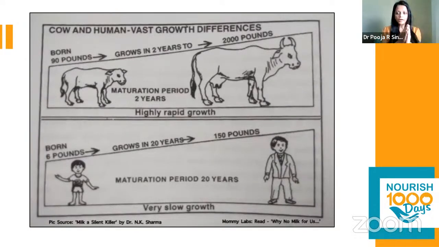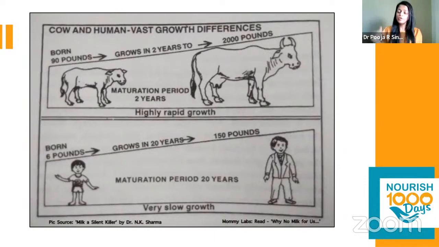So a cow's baby calf has to mature from 40 kgs to about 400 kgs in 2 years. But a human baby has the opportunity to grow from 3 kgs to up to 70 kgs in about 20 years.